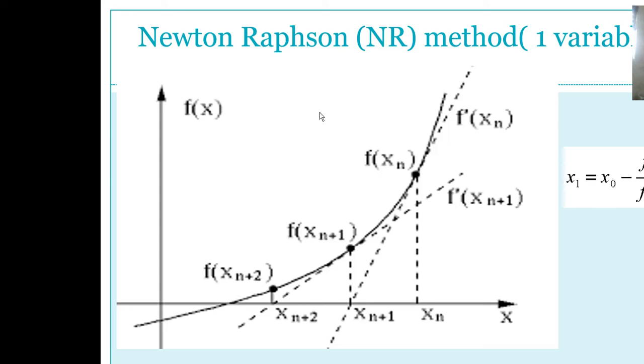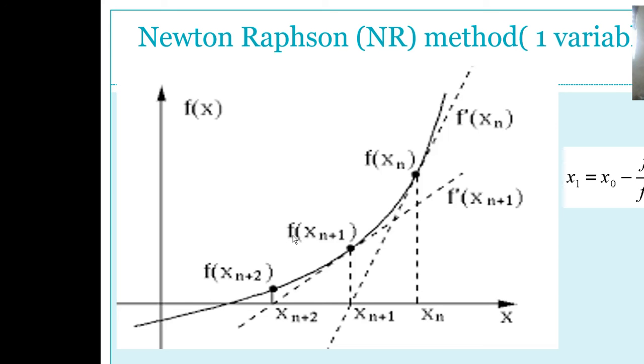If we use these two values, f of xn and f dash of xn, for giving correction in the approximate starting value, we can find a point which cuts the x-axis by using the slope of the tangent.